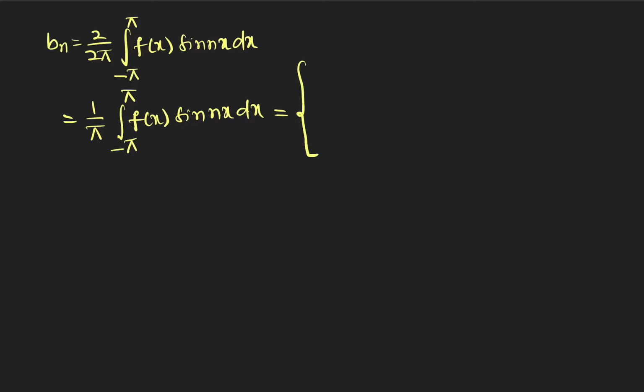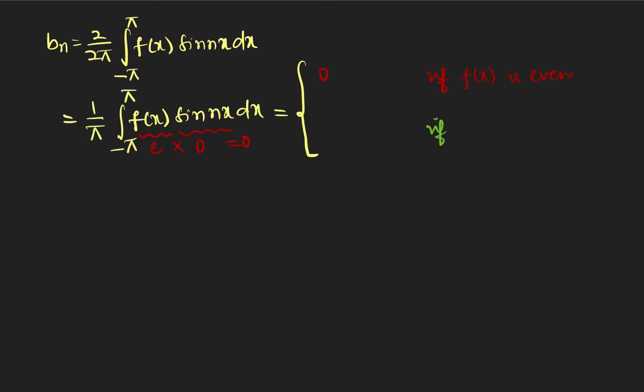If f of x is an even function, the sine function is an odd function, and the product of an even function and an odd function is an odd function, so its value is 0.